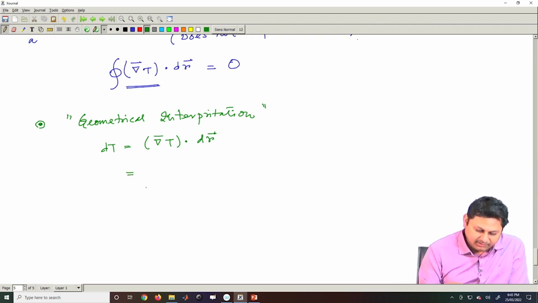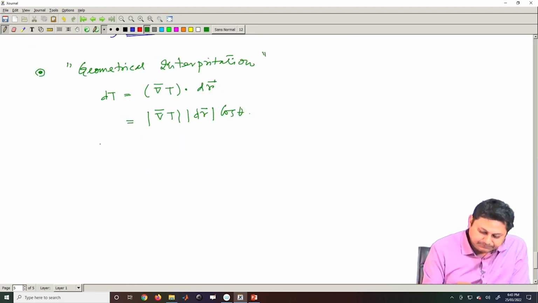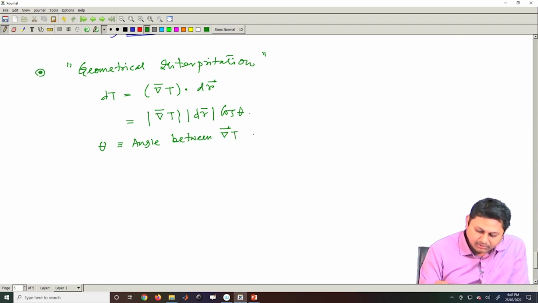So, I can write it as mod of this quantity and then mod of dr and cos theta, because theta is the angle between this vector quantity and dr.